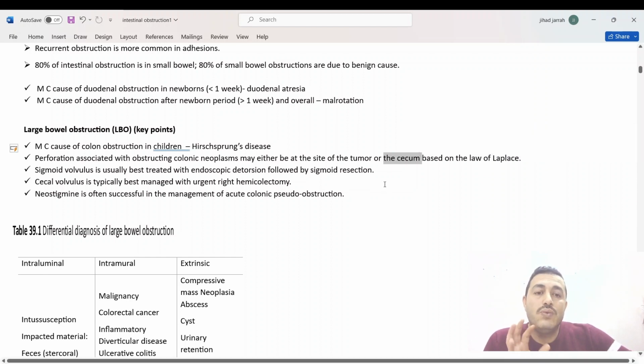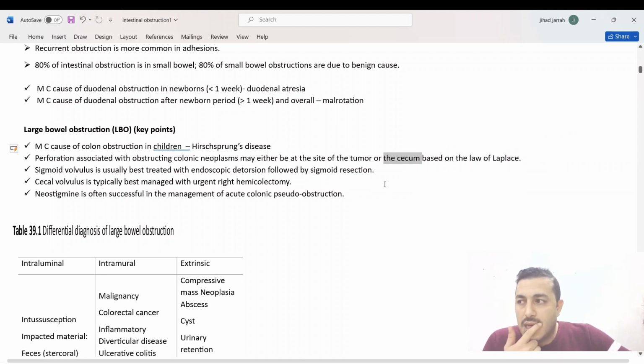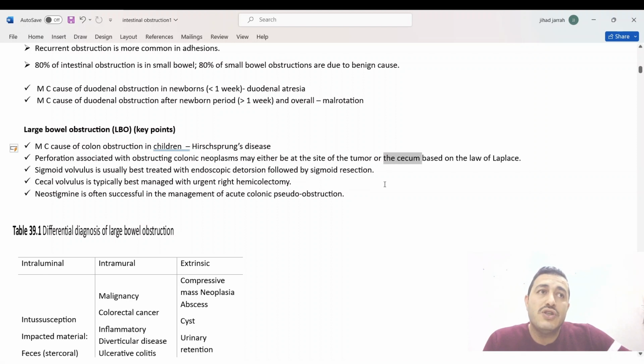So the cecum is the weakest point for perforation, and we always pay attention to the diameter of the cecum. Sometimes, for example with an obstructing tumor in the left side of the colon, we proceed to subtotal or total colectomy because the cecum is perforated or impending perforation.